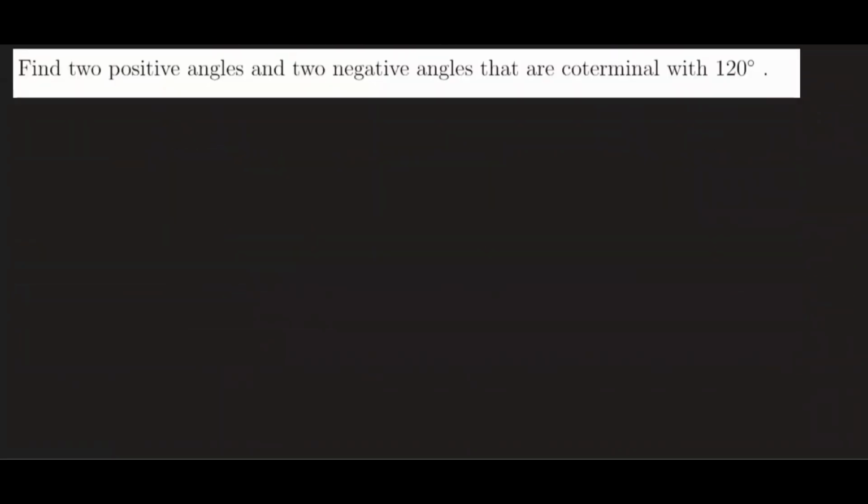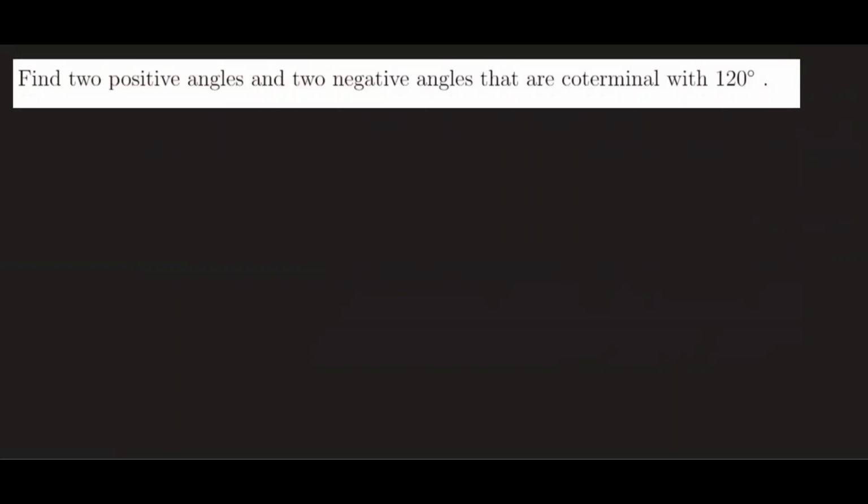Here we have a measure of 120 degrees, and we want to find two positive and two negative coterminal angles with 120. If you want, you can draw a picture and keep going around in a circle, but I'm just going to add 360, one cycle and two cycles, positive and negative, to get the coterminal angles.